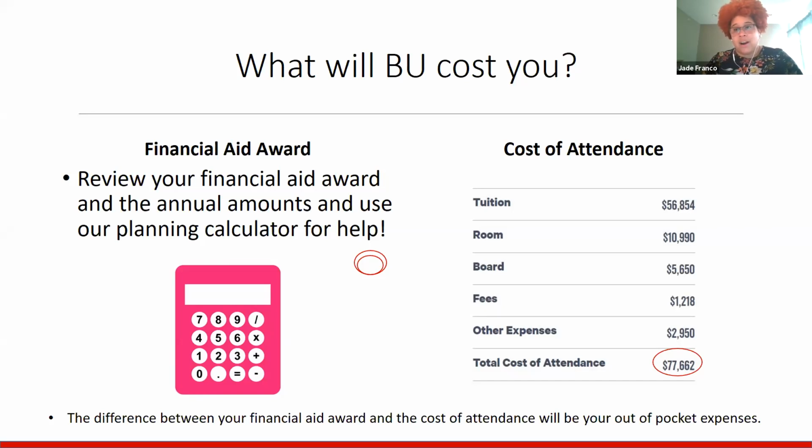Those figures are the standard prices, but we do understand that some students might choose a lower cost or higher cost meal plan, or a lower or higher residence hall option, and that would allow that price to vary. But this price here is the standard cost. Fees and other expenses bring you to $77,662. So the difference between that number and your financial aid offer is the out-of-pocket cost that you and your family will need to address.